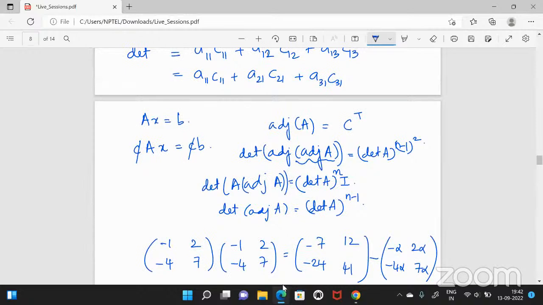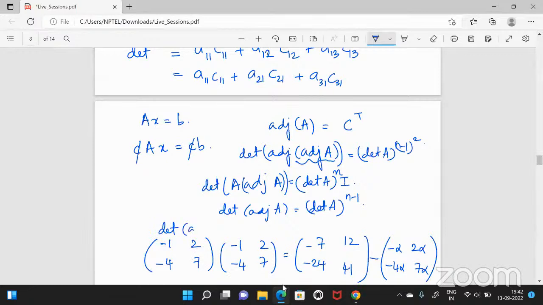Ma'am, is this in the syllabus? This is in week 2. One question is there on adjoint of adjoint. Yes, adjoint comes in week 2. Determinant of A power n minus 1 whole square. I'm not sure about this formula, but I think we can calculate it.